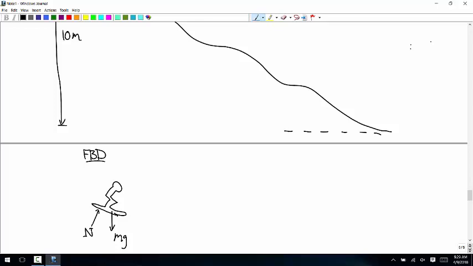Okay, so conservative forces, we have the weight. Non-conservative forces, we have the normal.